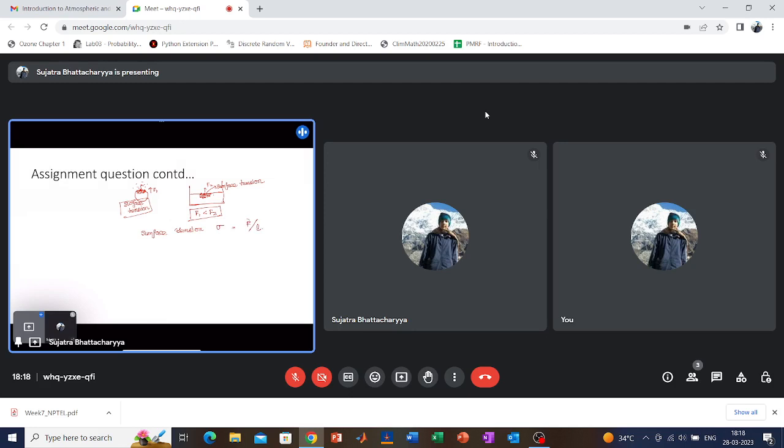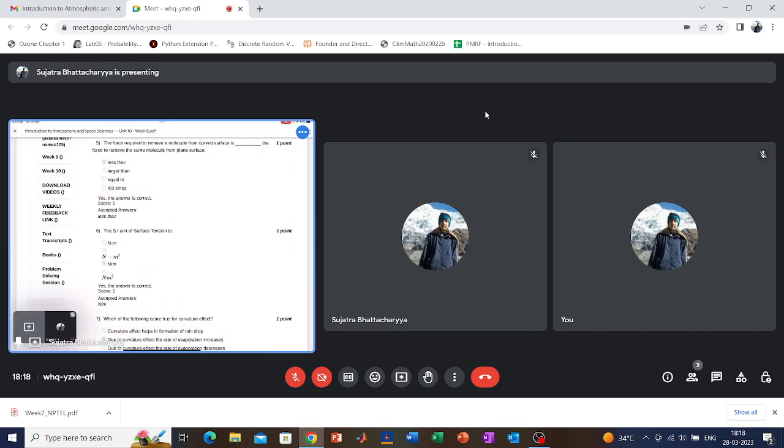This is what we call the force due to surface tension. And this is L, the unit length. Therefore, the SI unit of force is Newton and length is meter. So Newton per meter.